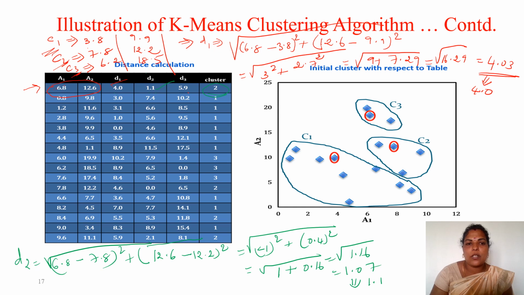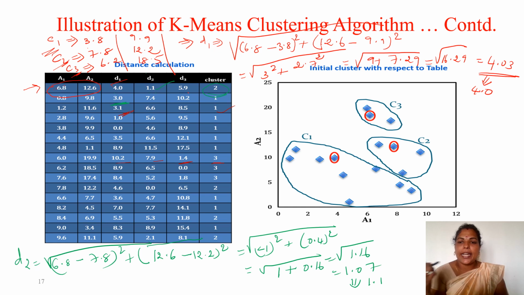D1 is small, so it belongs to the first cluster. For the third one you see 3.1, 6.6, 8.5. Here 3.1 is the smallest, so first cluster. Here you see 10.2, 7.9, 1.4. D3 is small, so it belongs to the third cluster.